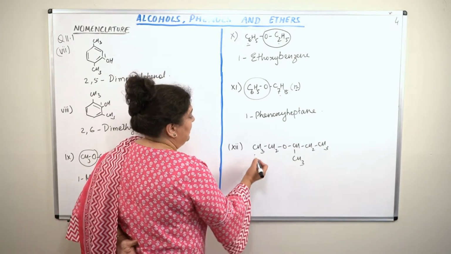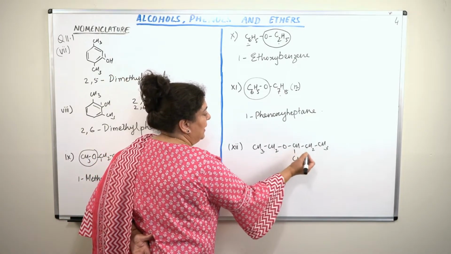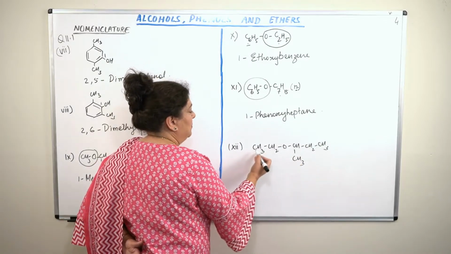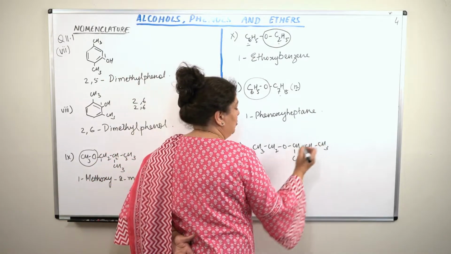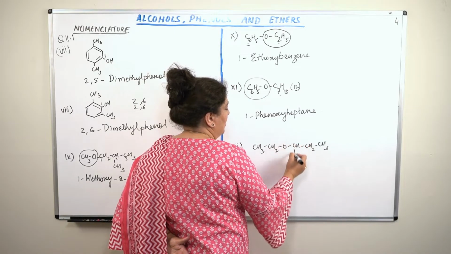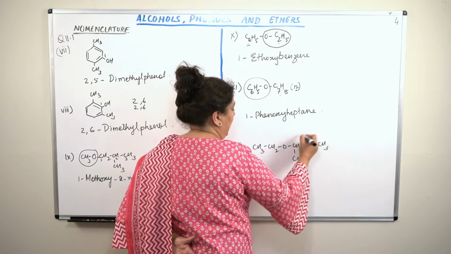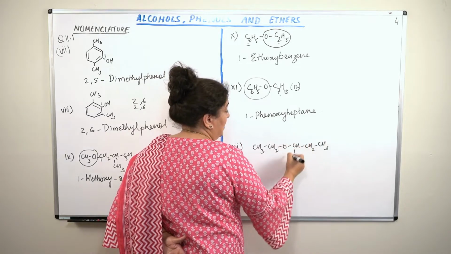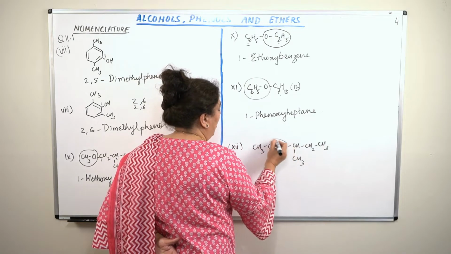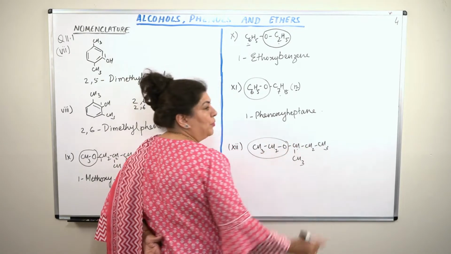Number 12. CH3, CH2O, CH, CH2, CH3, CH3. Again, you have only 2 carbons on this side and you have 3 carbons on this side. So actually 4. So you could treat this as butane, and yeah, this is butane, this becomes the parent hydrocarbon, and the ethoxy is attached to the second carbon of butane.